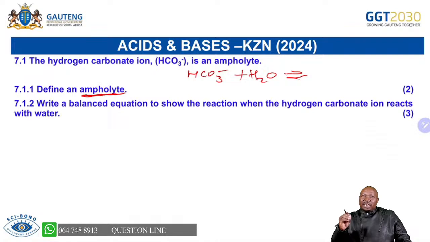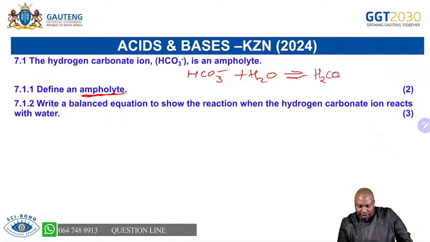Remember, when it's HCO3 minus, you can see that it's running short of that H plus, so that it can be complete. So what will happen? Will it be acidic or basic? Then you are able to write this. It will form H2CO3, which is our carbonic acid, plus OH minus.